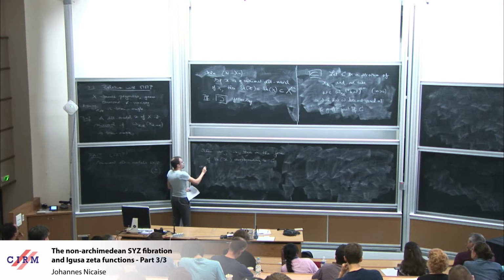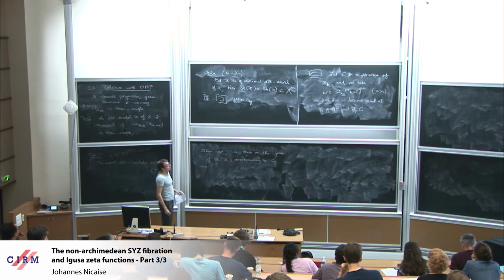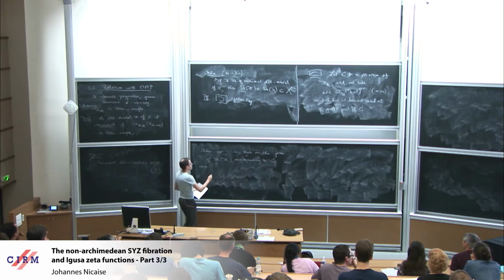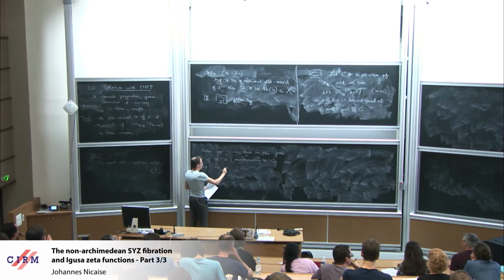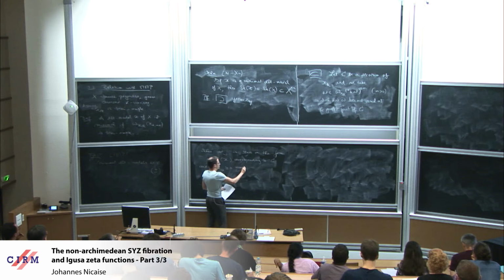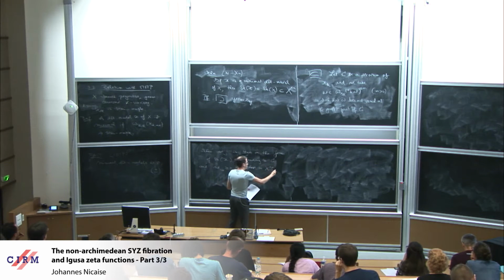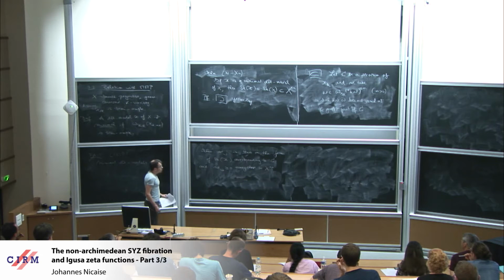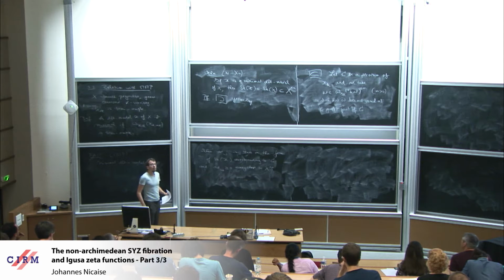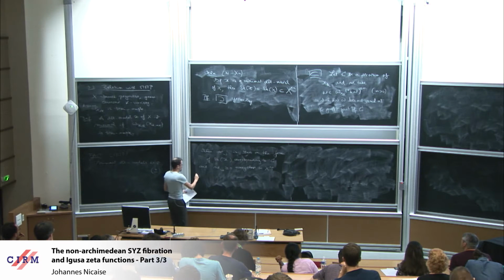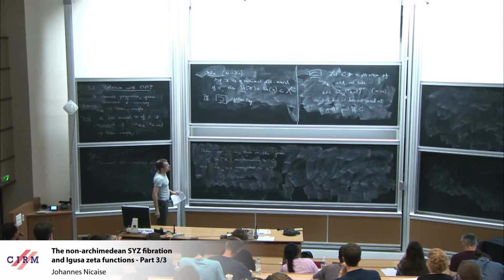And since omega is a global section of this m-th power of the logarithmic relative canonical line bundle, it's going to be non-negative everywhere. So this means that the face corresponding to C is contained in the locus of minimal values of the weight function, which is part of the essential skeleton.